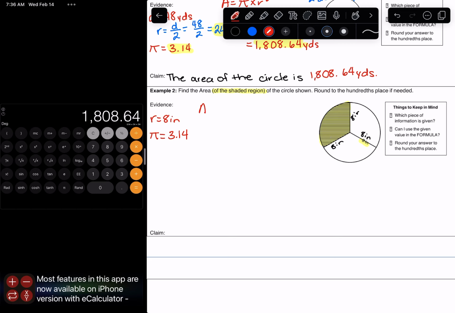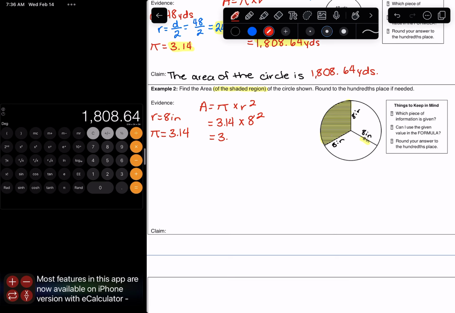Putting that into my formula, A equals pi times radius squared. It's going to be 3.14 times 8 squared. And again, I'm going to rewrite this without the exponent. So 3.14 times 8 times 8. This is what I can put into the calculator. 3.14 times 8 times 8 equals 200.96.